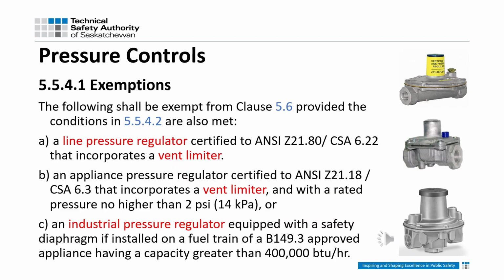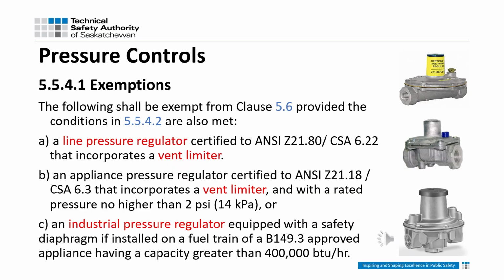It replaces the term leak limiting system with vent limiter, in accordance with the inclusion of this as a defined term, as we referenced in definitions. Part C refers to specific installations under B149.3 for fuel trains over 400,000 BTUs per hour.